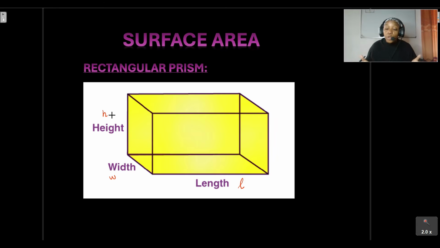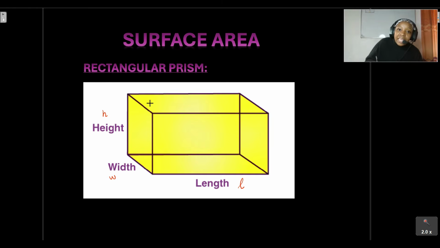What would you do? We already know. We just need to sum up all the areas of all the faces of this box, and that will basically give us the surface area of this box. Now the trick in calculating surface area is just being able to identify which faces share the same dimensions, in this case when you're dealing with your rectangular prism.